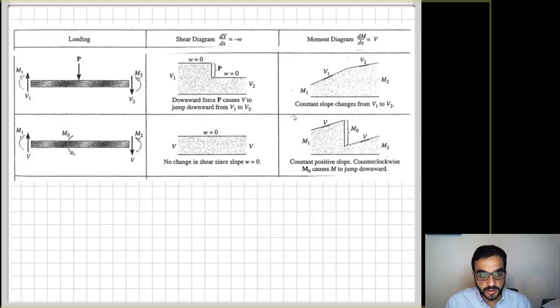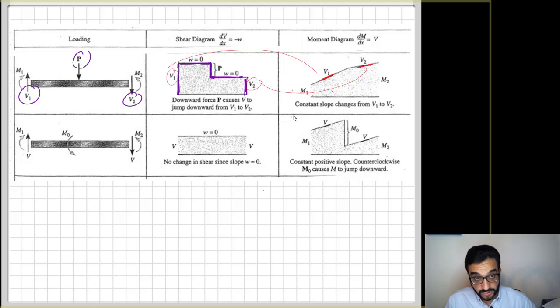And this is an example to show what's the impact of point loads, point forces, and point moments. So I start here with a force going up, V1, or shear going up, V1. So this means I'm going up here a positive value V1. I don't have distributed load, so W here is equal to 0. So the slope of the shear diagram is 0.